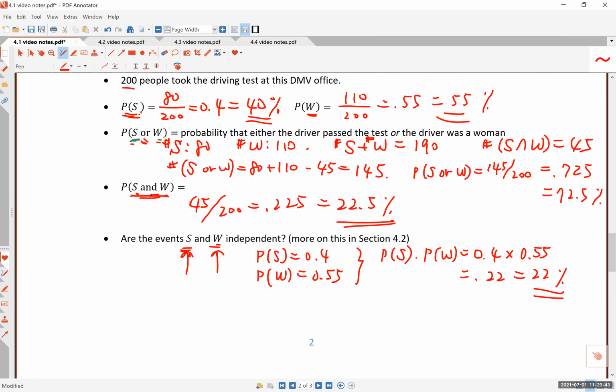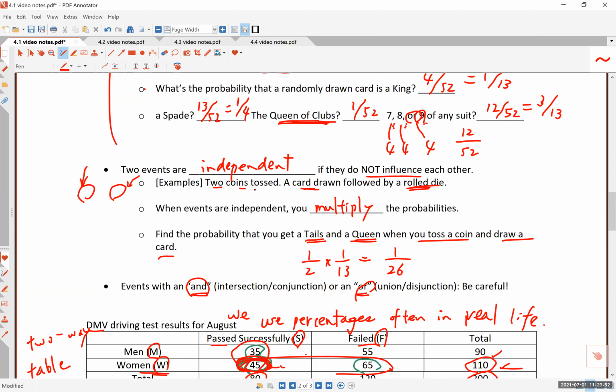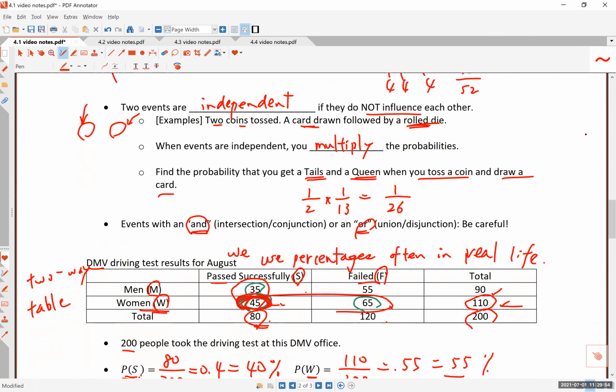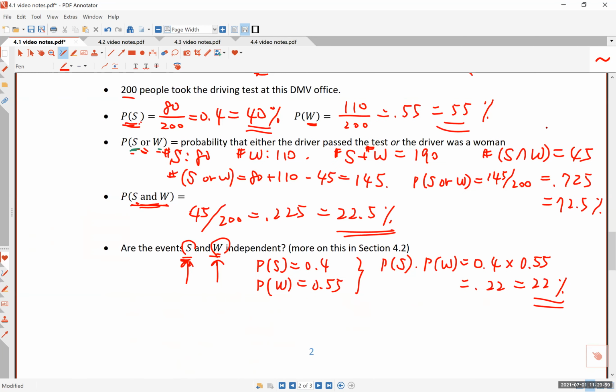If S and W were independent, remember what we said about independent events? You could multiply the probabilities to get the probability of an and statement. And so the fact that this number, which is 22.5%, and the product of these two probabilities, 22%, are different indicates to us that these are not completely independent.